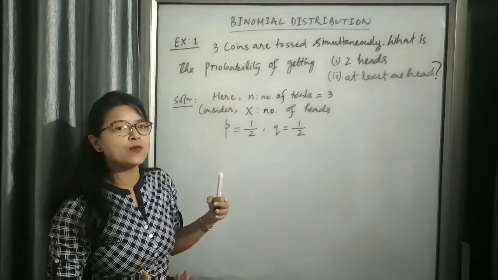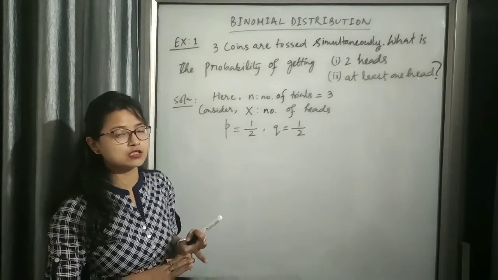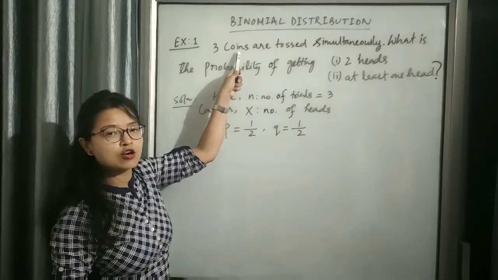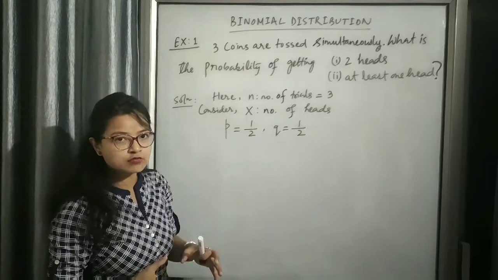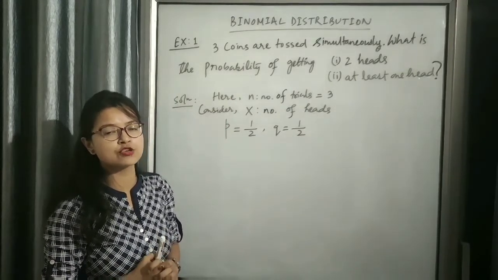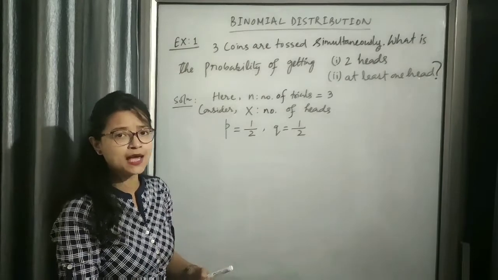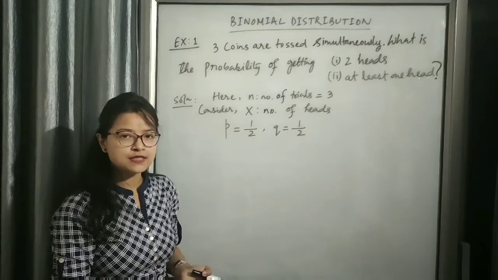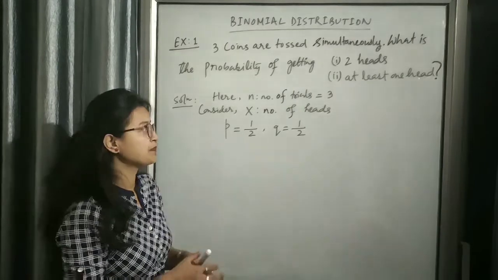Now we have to see whether the trial is Bernoulli or not. As the trial is tossing of a coin giving exactly 2 outcomes, the trial is a Bernoulli trial. So we can apply the binomial distribution formula. Now to apply that formula, next what do we need? The probability of success and probability of failure.